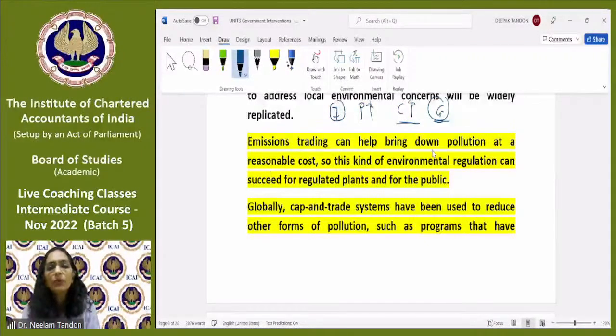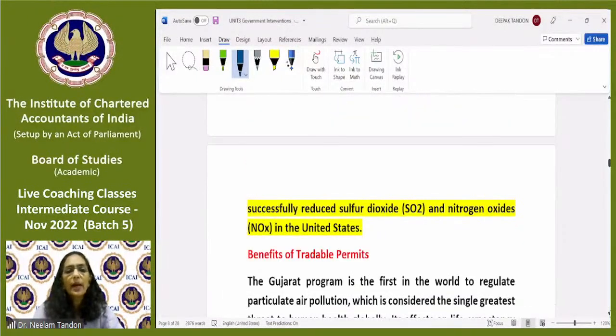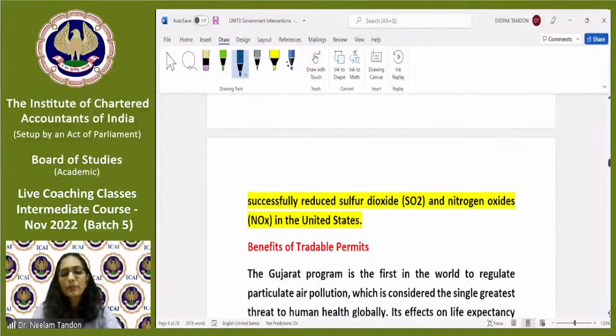And once they became more green, pollution level decreased at reasonable cost. And environment regulation could be taken care of like this. So cap and trade helped to reduce pollution in Surat, in the textile industry and dye mills, because of this market-based model. And it helped to reduce sulfur dioxide and nitrogen oxide the way it did in US.